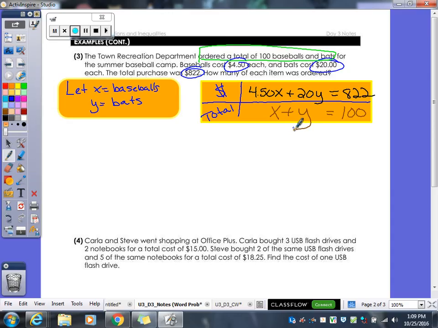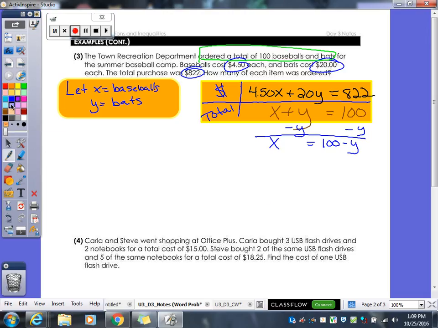I'm going to just minus Y from both sides here. And I'm going to get X equals 100 minus Y. Now I could do a substitution method. I'm only doing it substitution for this one because most of them are elimination. So I just want to practice another one.